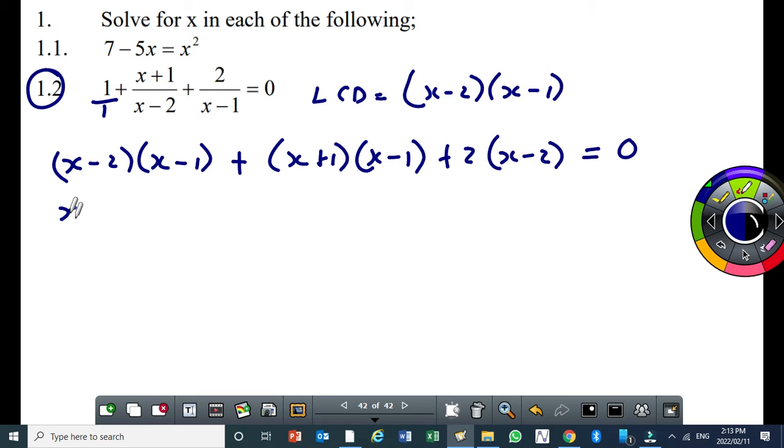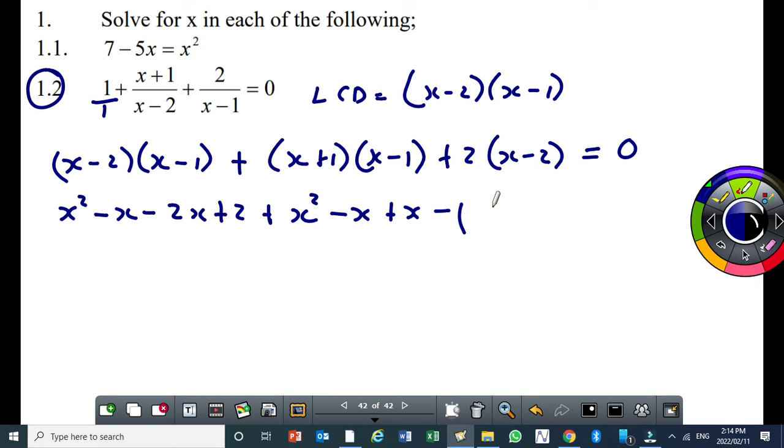Then let's remove brackets. You get x squared minus x minus 2x plus 2 plus x squared minus x plus x. Well, this is a perfect square trinomial, I could have just simplified it.